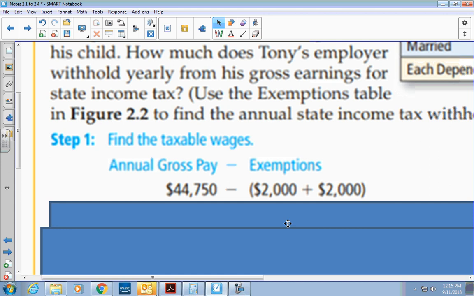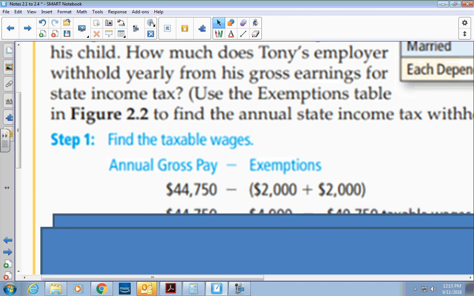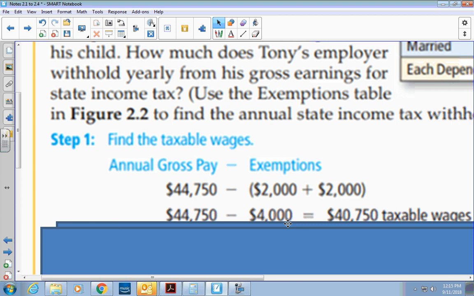What's 2,000 plus 2,000? 4,000. So we take our 44,750 and subtract 4,000. We are not paying taxes on $44,000; we're paying taxes only on the $40,750. So we subtract out our exemptions first, step number 1 with state taxes.